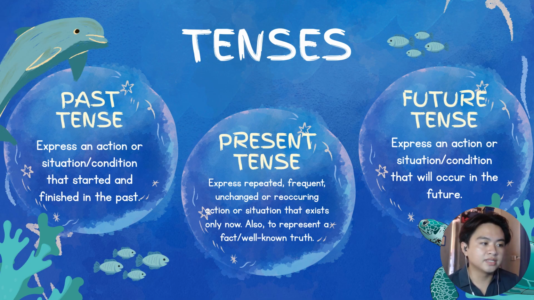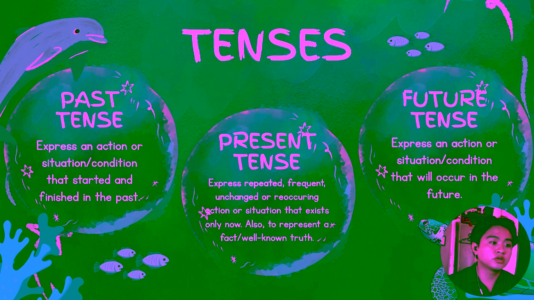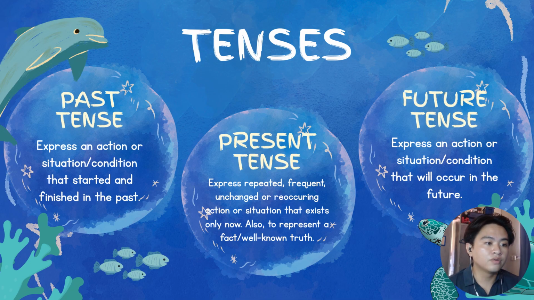For the past tense, it is used to express an action or situation or condition that started and finished in the past. As for the present tense, it is used to express repeated, frequent, unchanged, or reoccurring action or situation that exists only now.